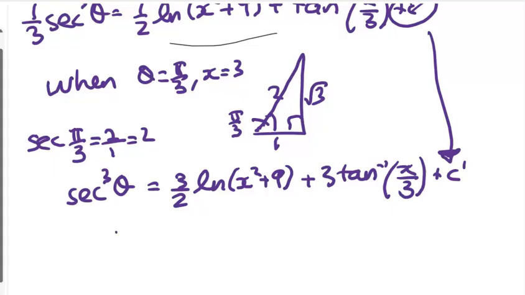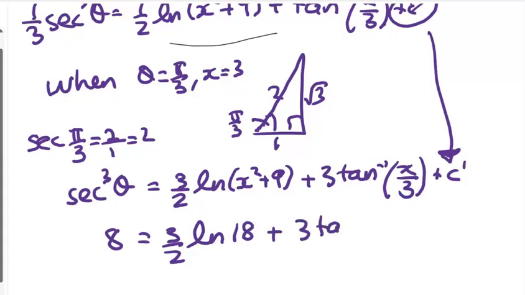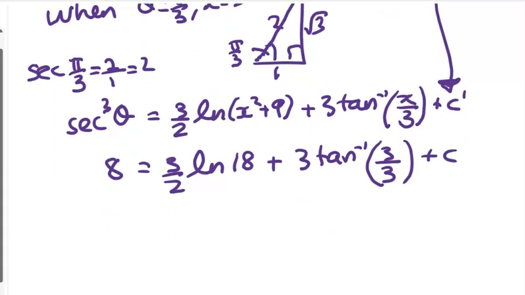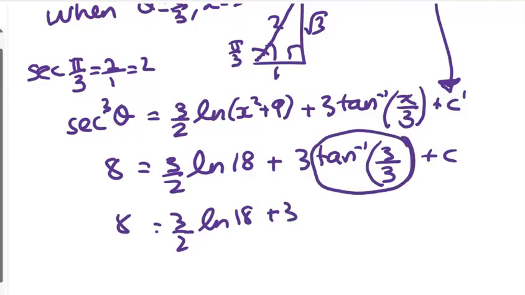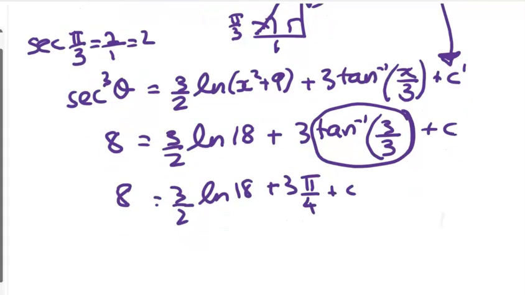Right, 2 cubed is 8, so we have 8 is equal to 3 over 2 times the natural log of 9 plus 9, so natural log of 18, plus 3 times the angle whose tan is 3 over 3, right, which is 1 plus c. Now, you shouldn't even need a special triangle to tell you that this is pi on 4. So it's going to be 3 pi on 4 plus c.